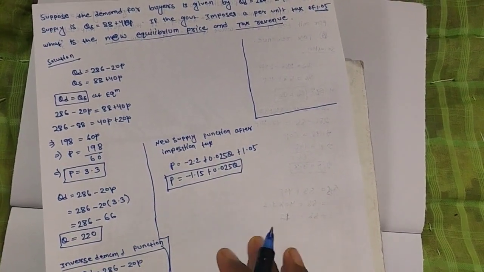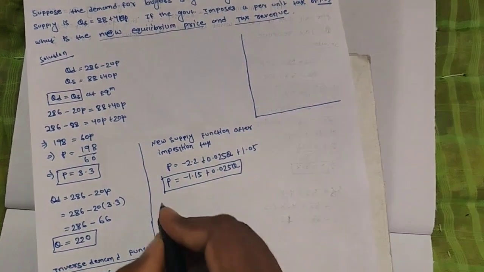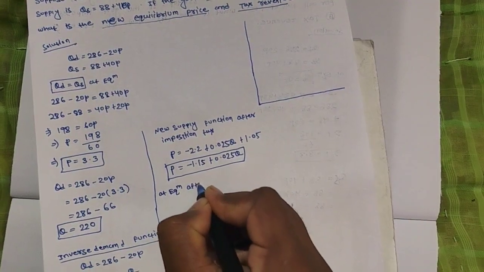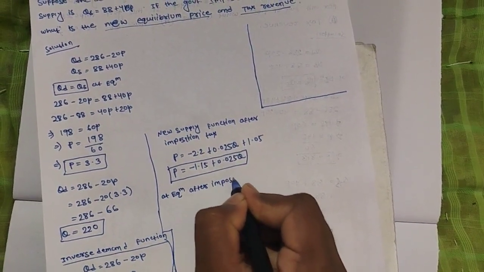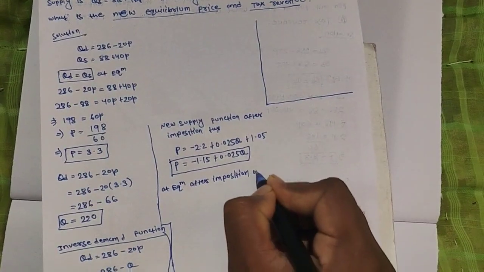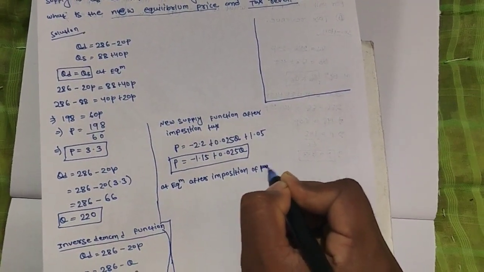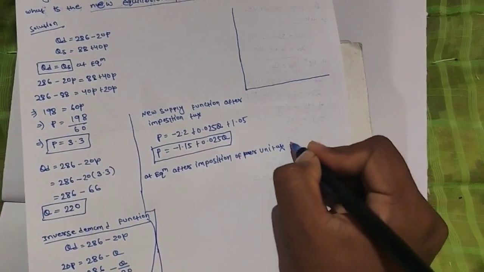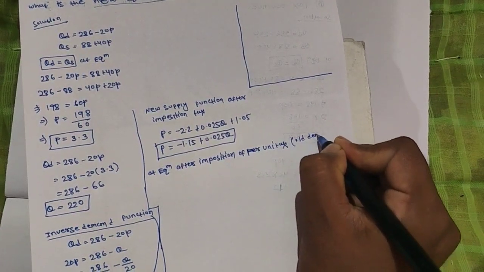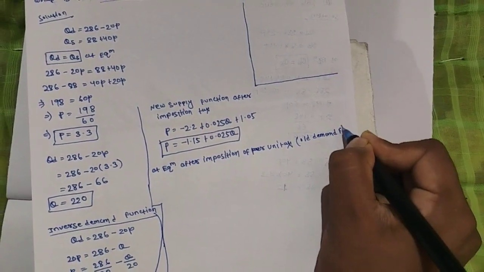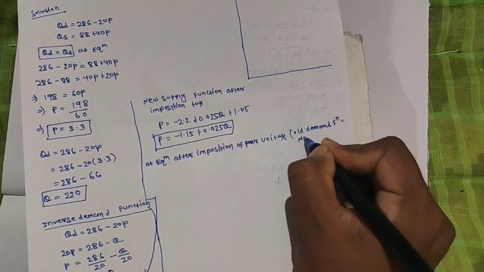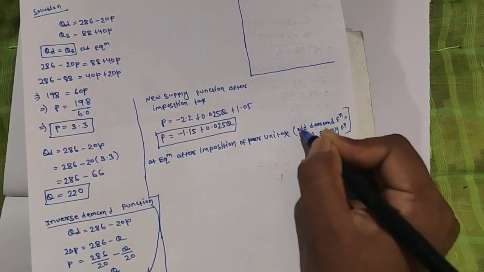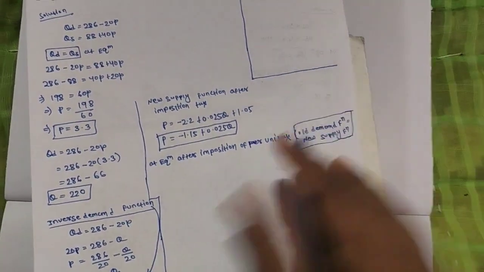Now at equilibrium after imposition of the per unit tax, the old demand function should be equal to the new supply function. This is the condition. Now we have to equate it.